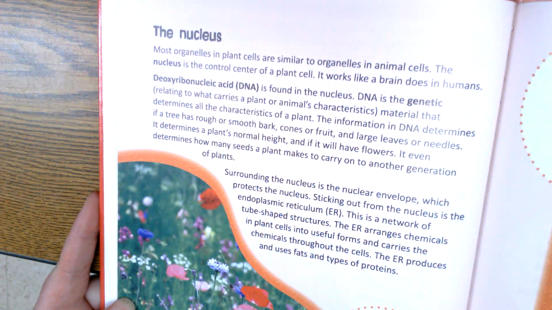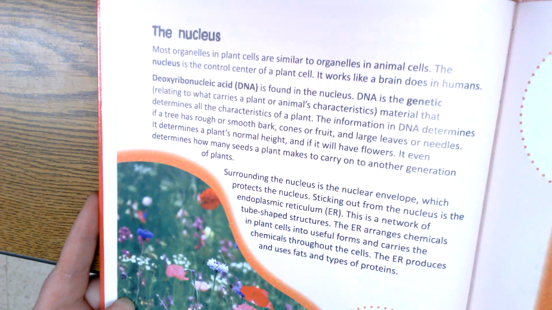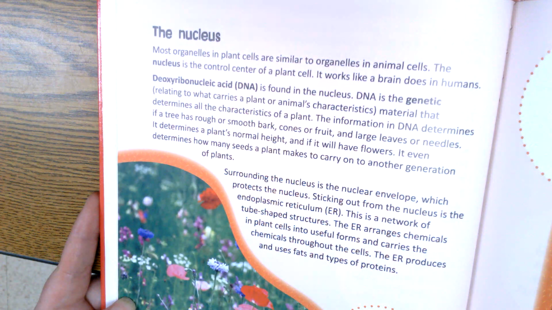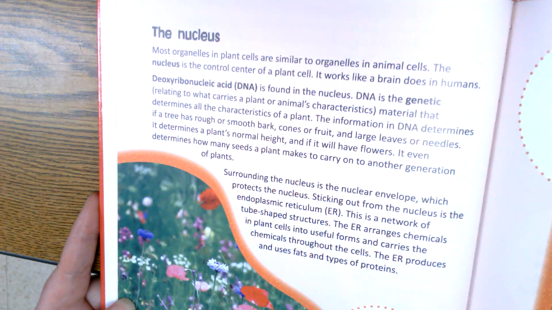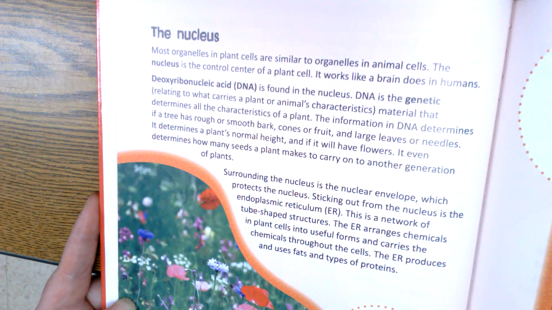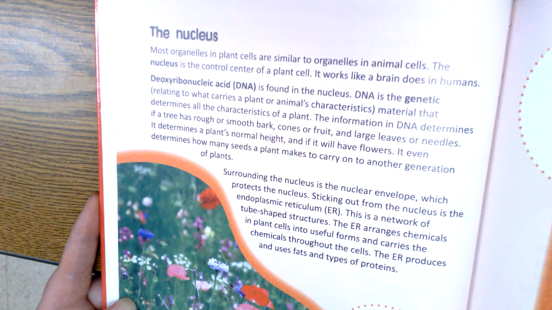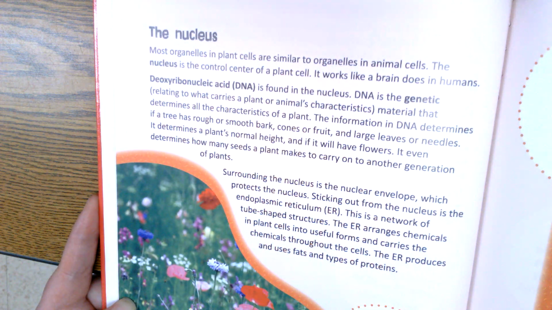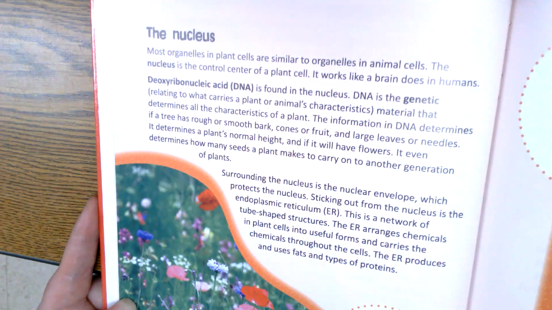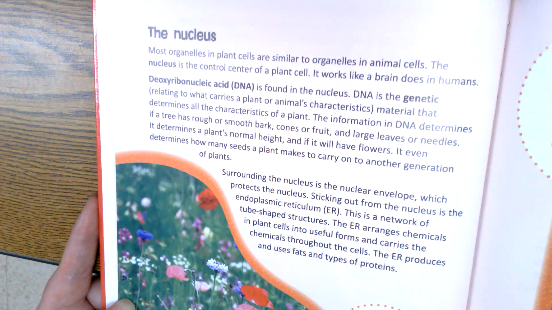The nucleus. Most organelles in plant cells are similar to organelles in animal cells. The nucleus is the control center of a plant cell. It works like the brain does in humans. Deoxyribonucleic acid, DNA, is found in the nucleus. DNA is the genetic material that determines all the characteristics of a plant.